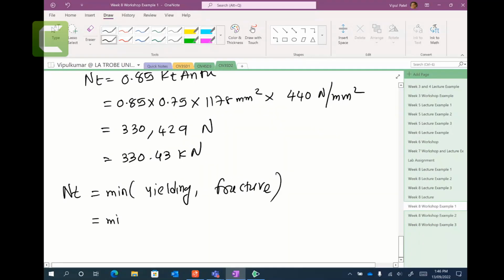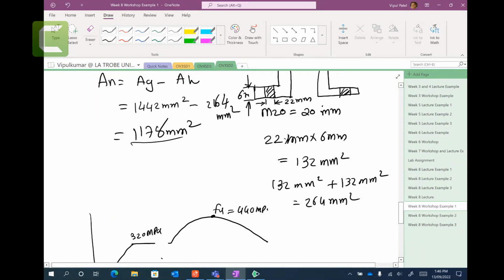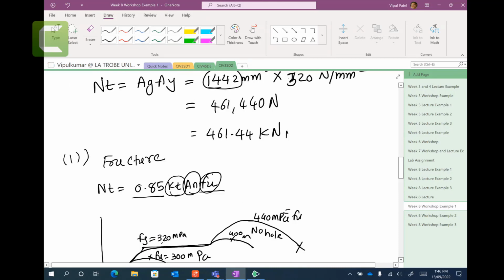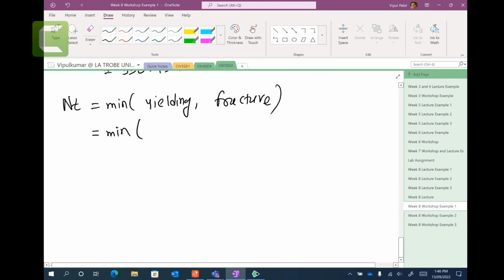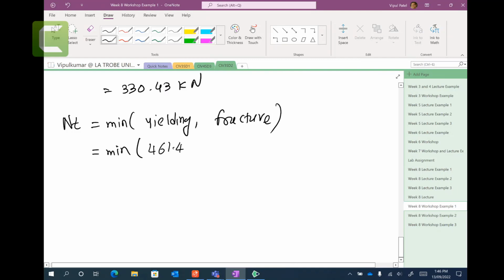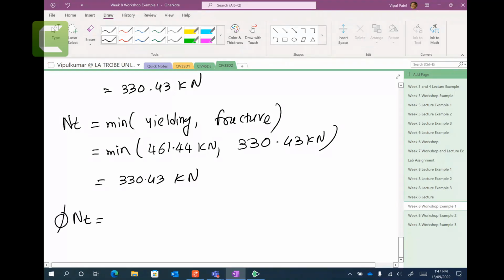So the minimum of yielding, which was 461.44 kilonewtons, and fracture, which was 330.43 kilonewtons. We get 330.43 kilonewtons. Now for the final capacity, we need to multiply by the capacity reduction factor.